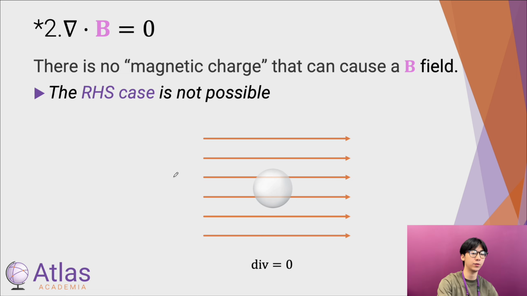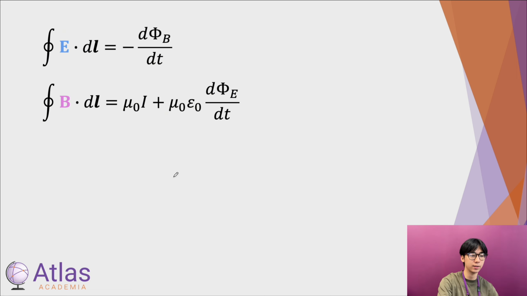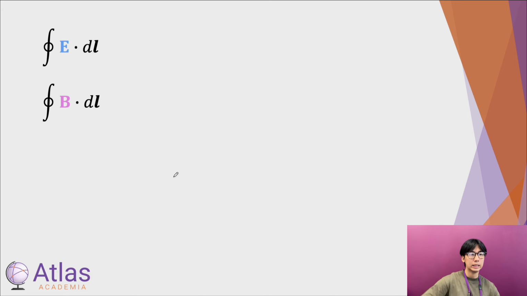Okay, now let's look at the third and fourth equations. So these ones here. And once again, we'll start by looking at the problem, so the left-hand side. Now, as you guys know, that fourth equation has something to do with how electric fields give rise to magnetic fields. And so what better case to look at than the classic one of Ampere's law that we're familiar with, where we have a charge-carrying conductor and we're considering the magnetic field produced by it.